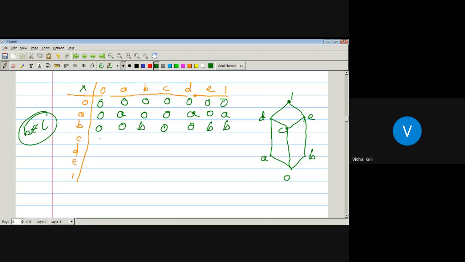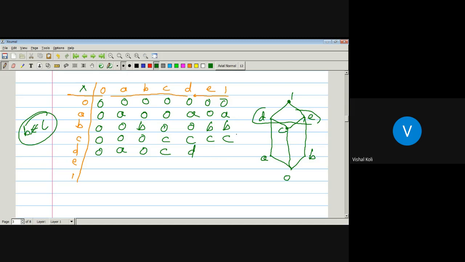C and 0, 0. C with A, 0. C with B, 0. C with C, C. C with D, C. C with E, C. C with 1, C. Okay. Now D with 0, 0. D with A, A. D with B, 0. D with C, C. D with D, D. D with E. What is the meet of D and E?